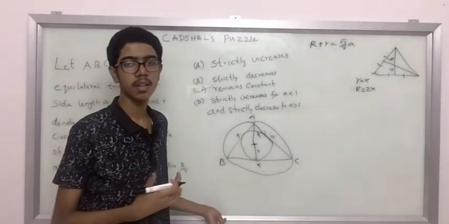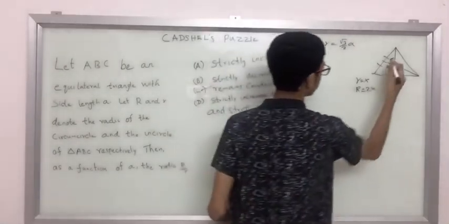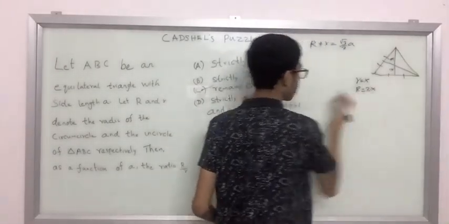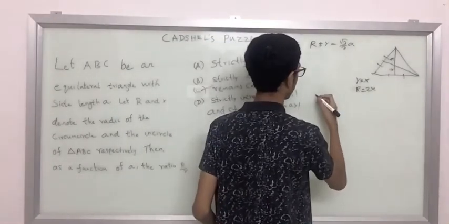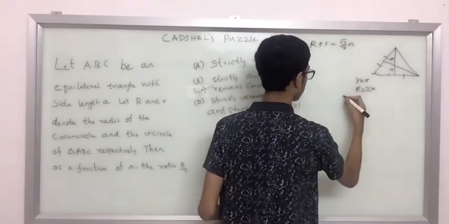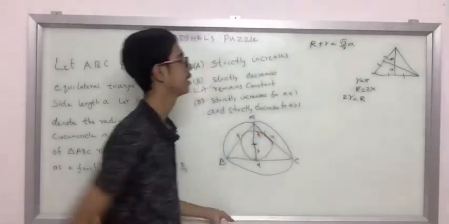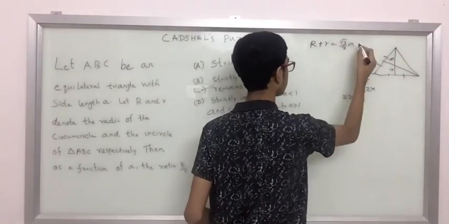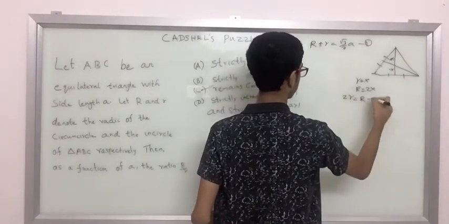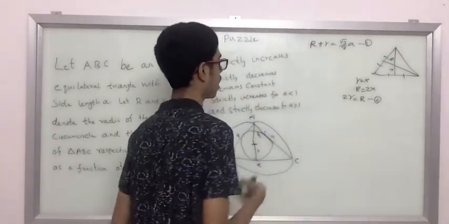You can see that this is 2x, this is x. So that means capital R is equal to 2r. This much only for us. This is our first equation, this is our second equation, which now I can directly use.